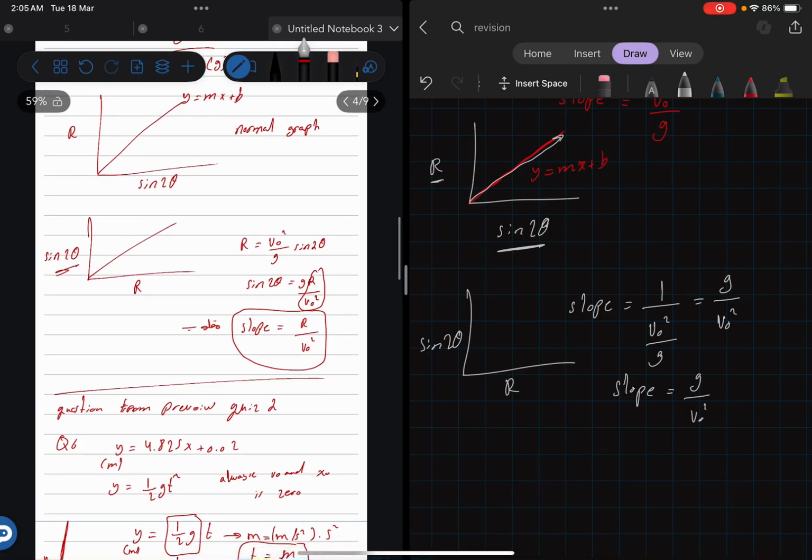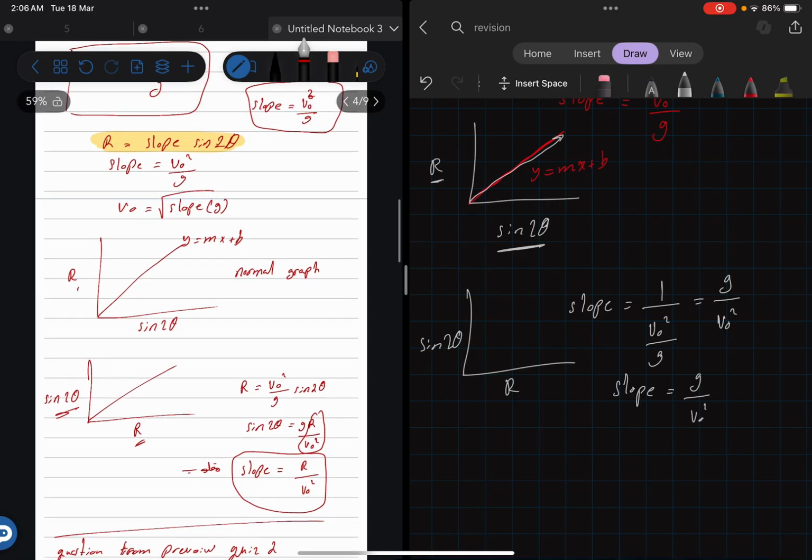Here sine 2 theta and R is not a normal thing, so we just take R and sine 2 theta. The slope will be v naught squared over g.